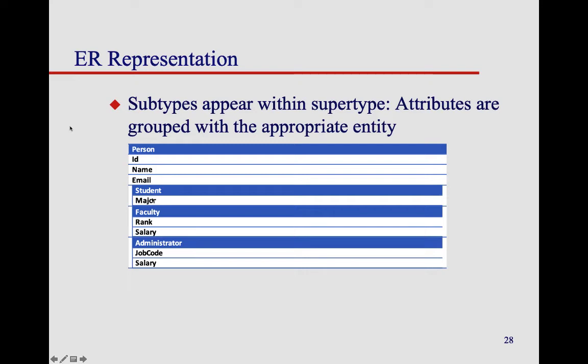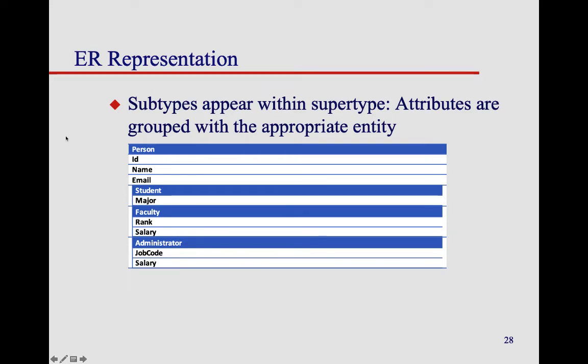But they also have their own unique attributes. A student has a major, a faculty has a rank like assistant professor, associate professor, full professor, department head, and a salary. Another type is administrator. They have a job code and a salary.